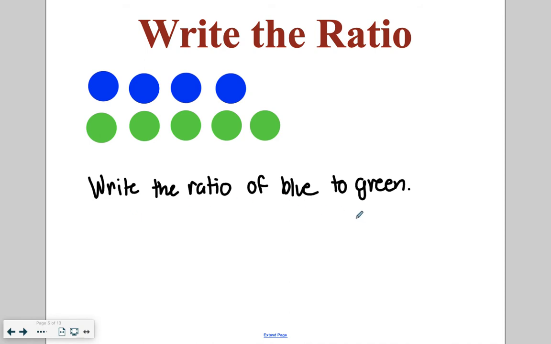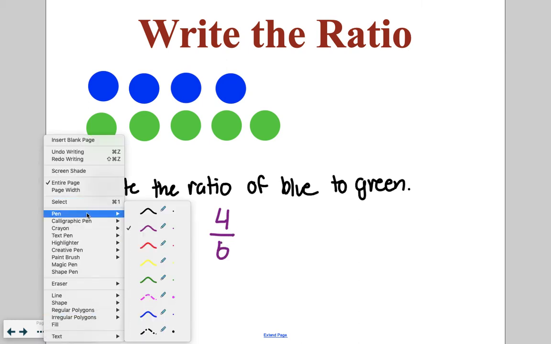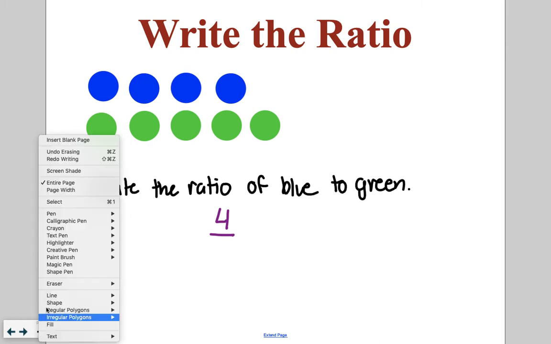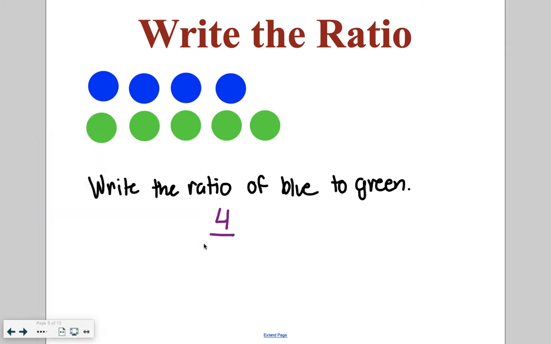So if I was going to write this ratio as blue to green, I would count 1, 2, 3, 4 blues, and then 1, 2, 3, 4, 5 greens. So the ratio of blue to green would be 4/5.